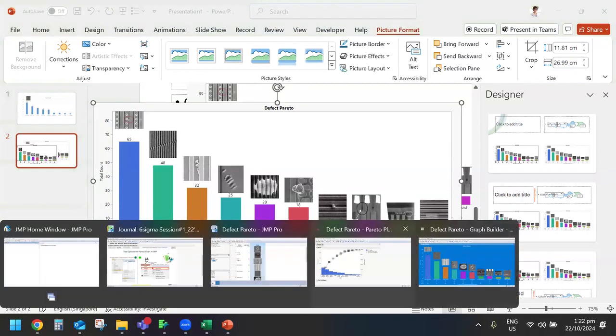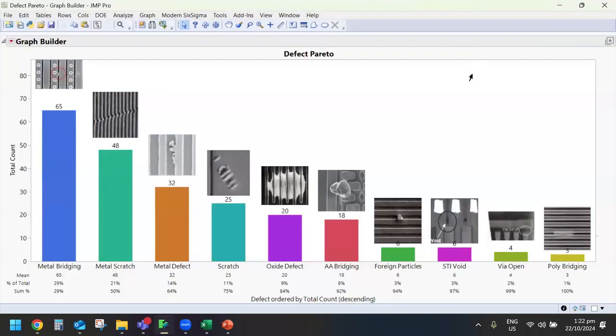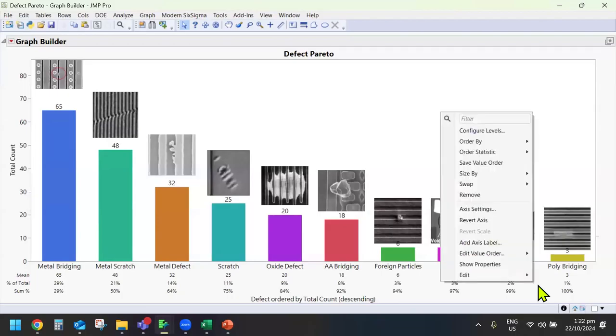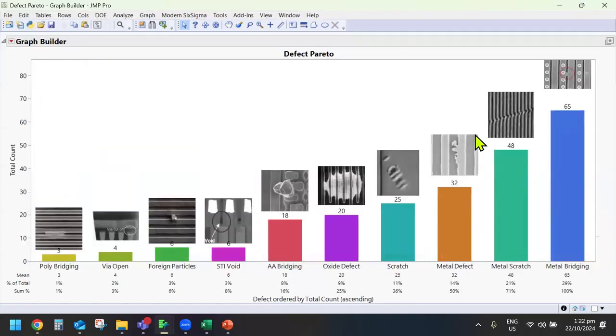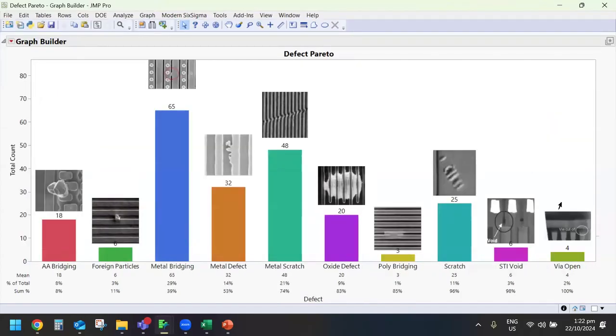If you go back to here, another thing is Graph Builder. We know Graph Builder is much easier for us to visually display the data. You can change the order, either descending or ascending, or no order, just up to you.